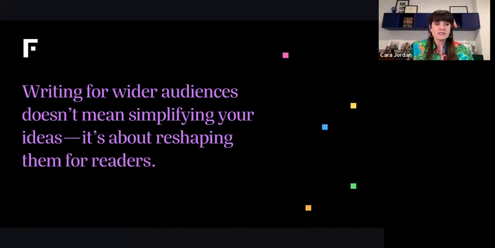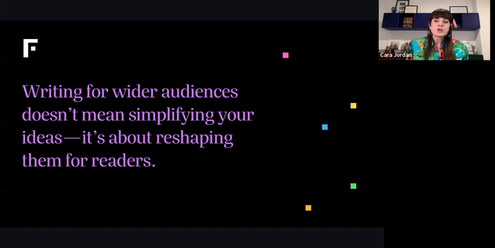Writing for wider audiences doesn't mean simplifying your ideas. It's about reshaping them for readers. So when scholars imagine writing for wider audiences, they often assume that the task is simplification, or making the content easier, lighter, less serious.